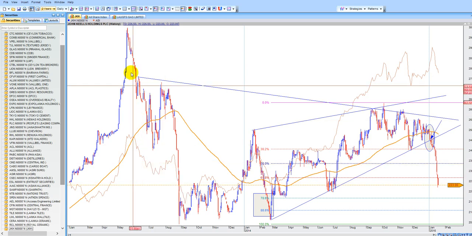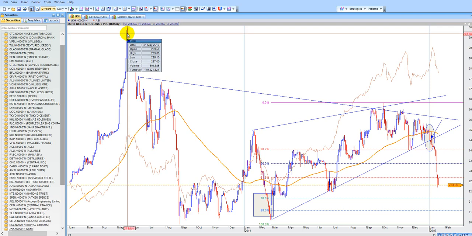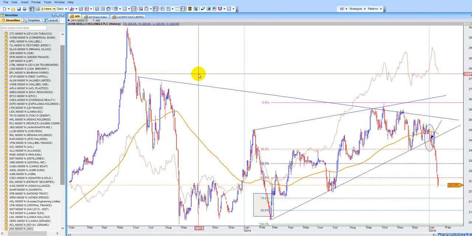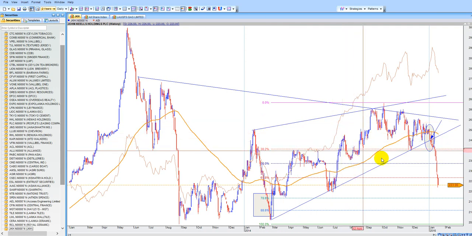So this is what I'm trying to tell you. So if one had held JKH for trading purposes, I think he would have got more returns than the ASI, but not in the current situation.